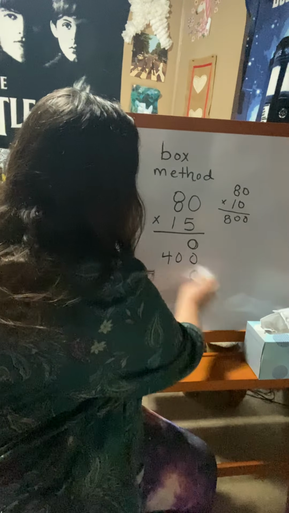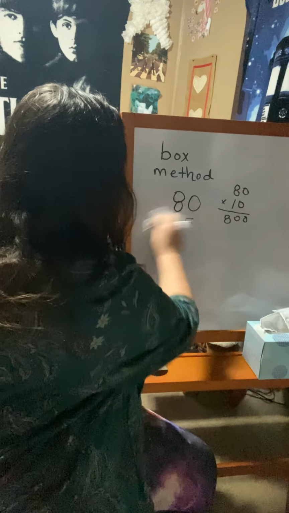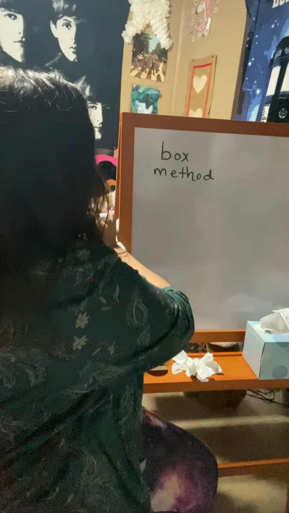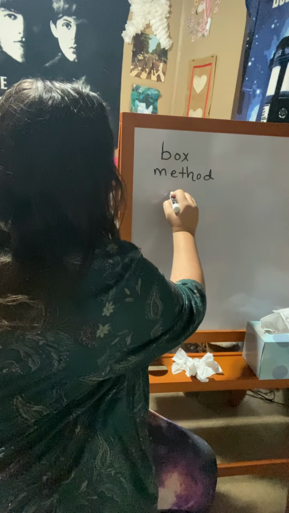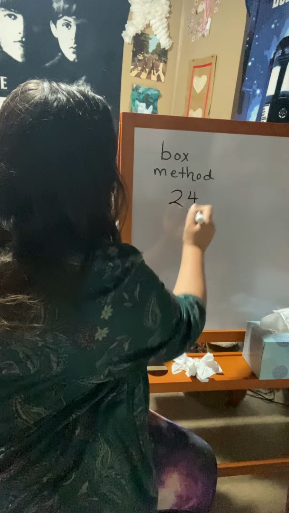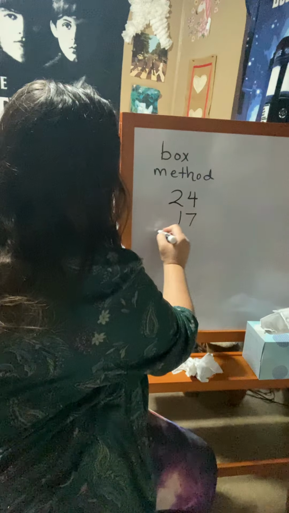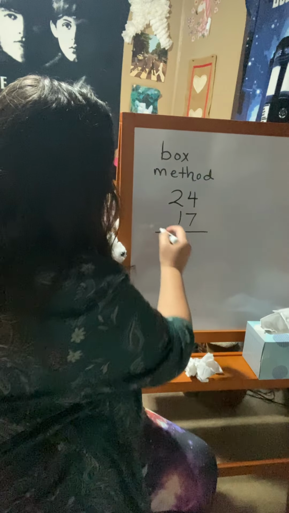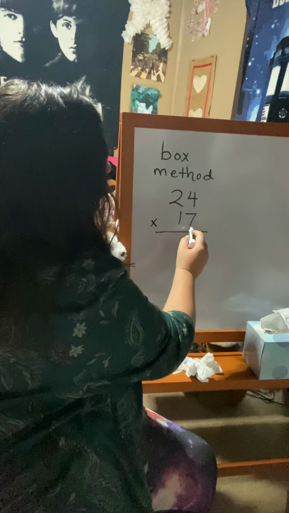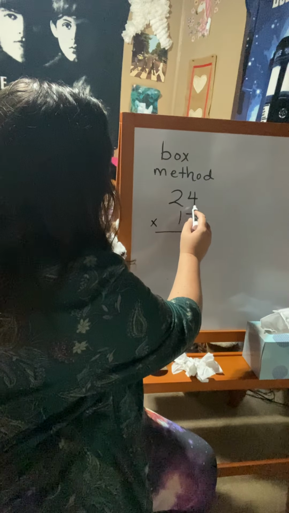Let's do the partial products of the other one. I think it will make it a little bit easier to understand because it's 24 times 17 and there's not so many zeros. So you can really see what you're doing. This is a 7. This is a 4.